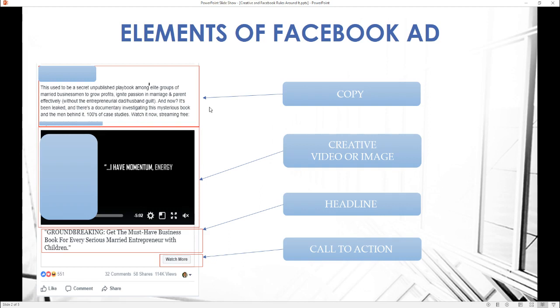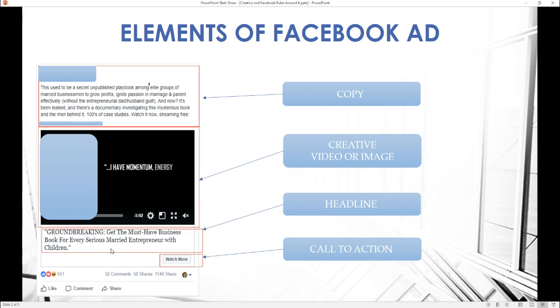If this is an e-commerce or a webinar or anything of that nature, you do want to have your link here. It's a direct response, and people can click from here, they can click on the image, they can click on the call to action button. Copy is also the headline; the headline also falls under copy.